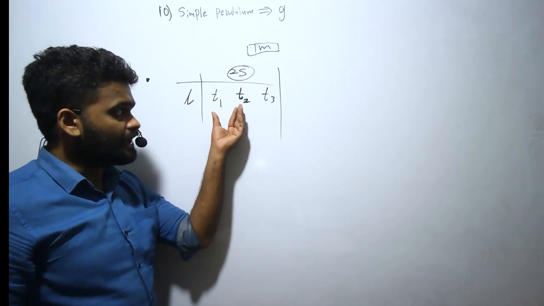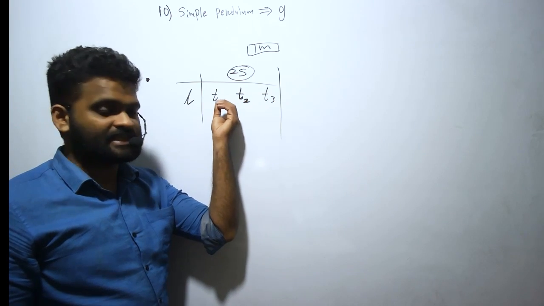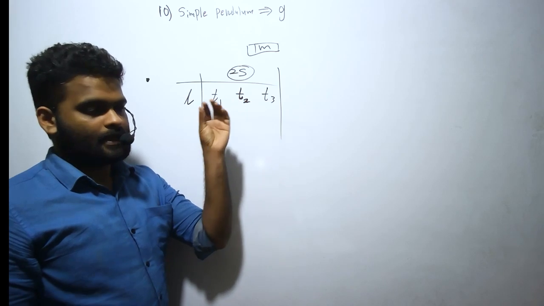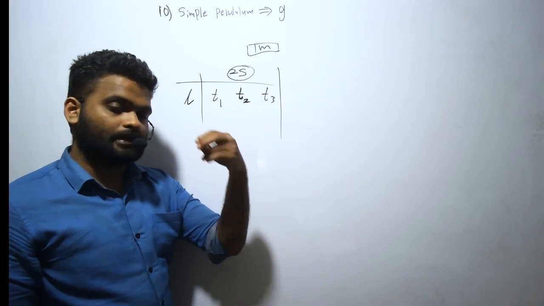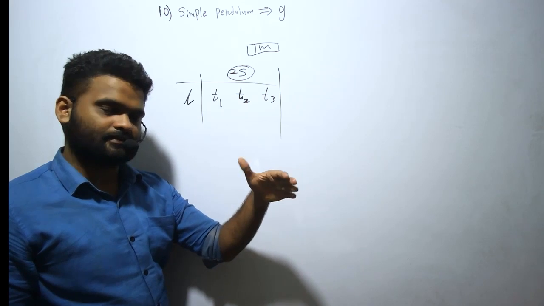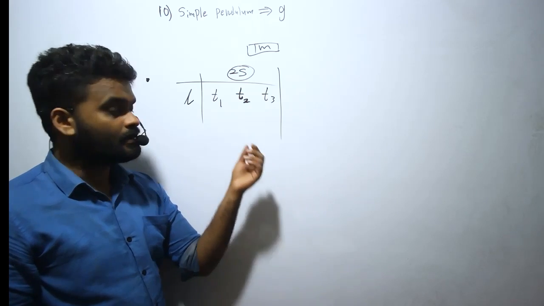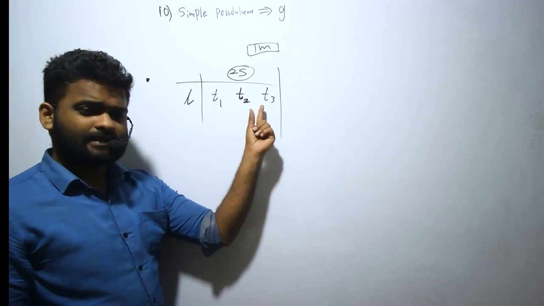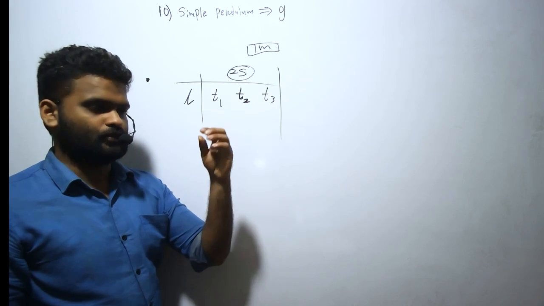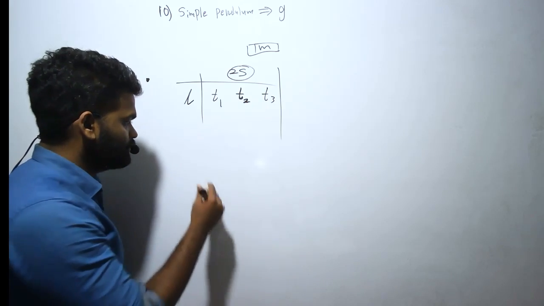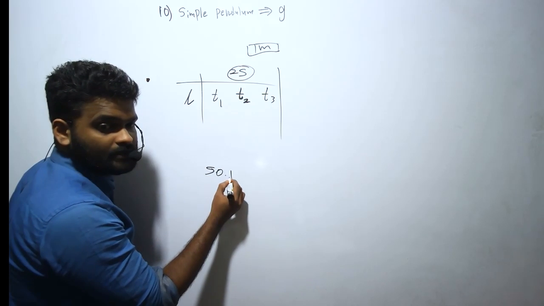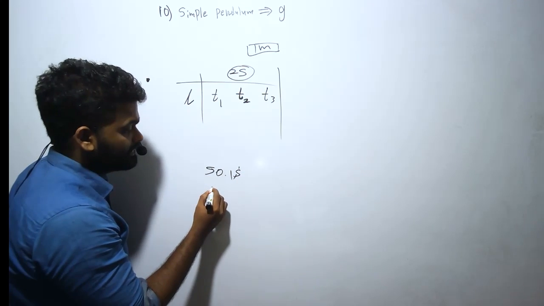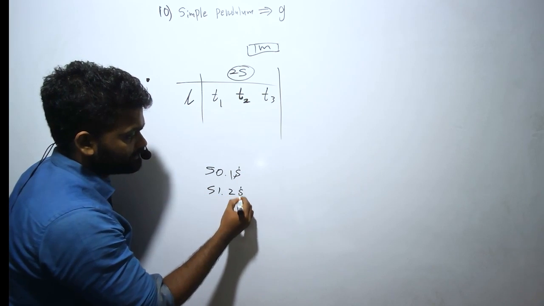So these are times for 25 oscillations without changing anything, right? But due to some errors or negligence, these values can slightly change. You might get 50.1 seconds, another one 51.2 seconds.